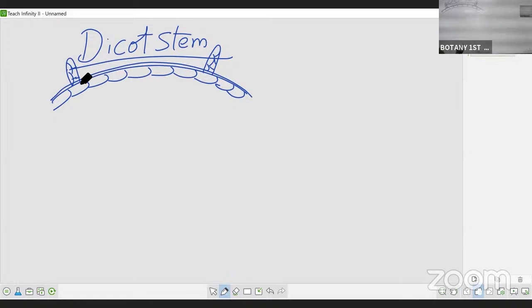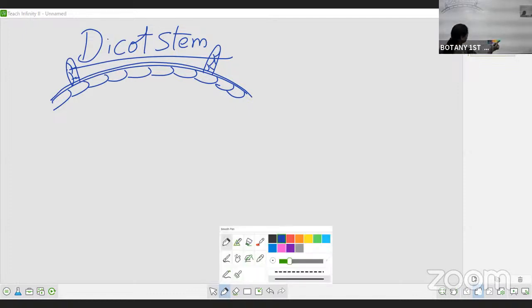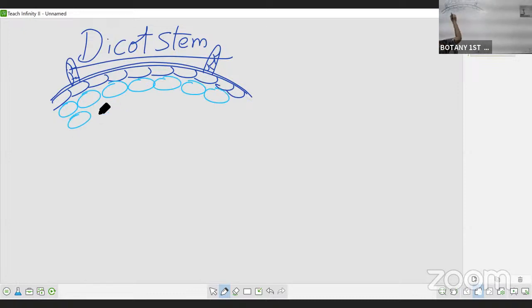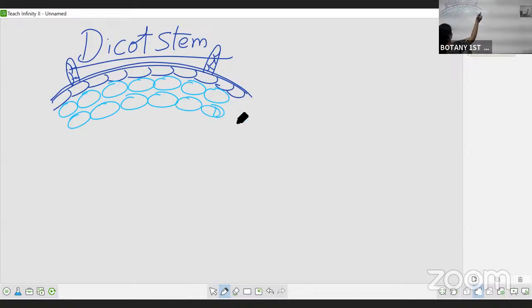And now comes the hypodermis. The hypodermis is present below the epidermis. The collenchymatous hypodermis is present, made of 2 rows. That means the intercellular spaces will be filled up with cell wall thickenings.